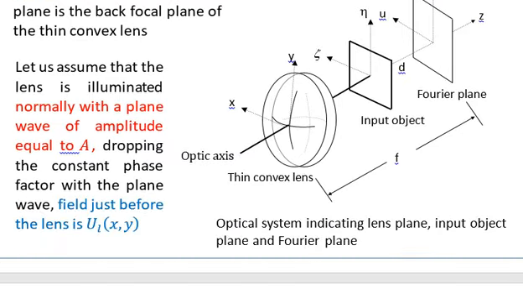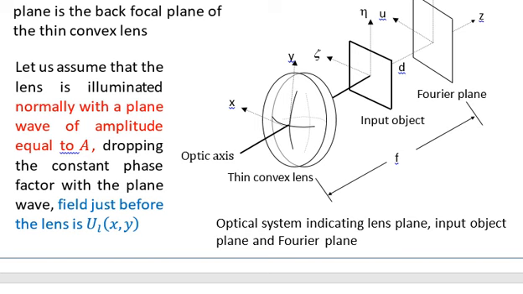Let's assume that the lens is illuminated normally with a plane wave of amplitude equal to a. Since we are illuminating the lens normally, we can drop the constant phase factor that the input plane wave will carry.